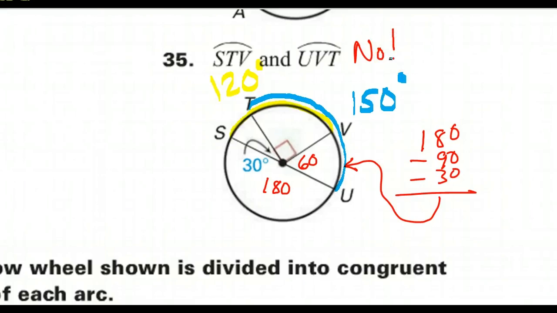So that is a little introduction to how we work with arcs and central angles. The take-home lessons are that as far as the degrees go, the measure of an arc is the same as the measure of the central angle. A semicircle is half of a circle, anything bigger than a semicircle is a major arc, and anything smaller is a minor arc.